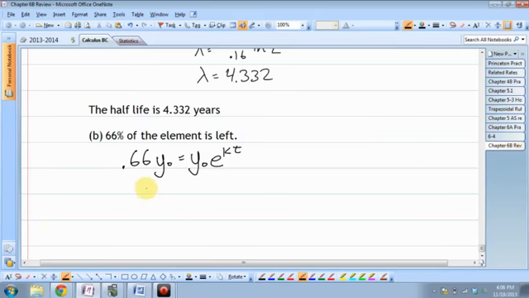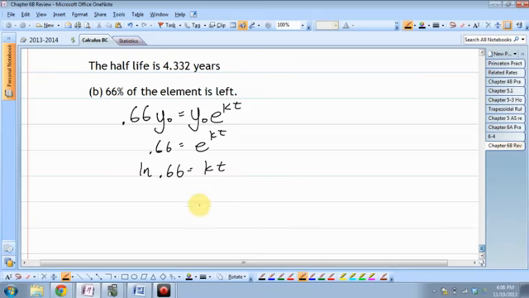Okay, 0.66 then is equal to e to the kt. Natural log of 0.66 equals kt. And t is equal to 1 over k times the natural log of 0.66. Wait, they told me what k was, right?